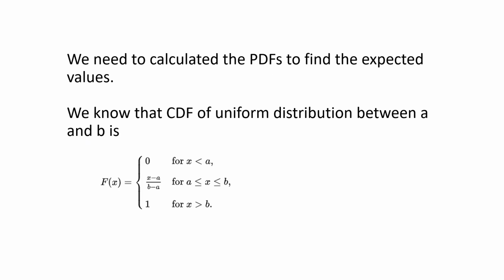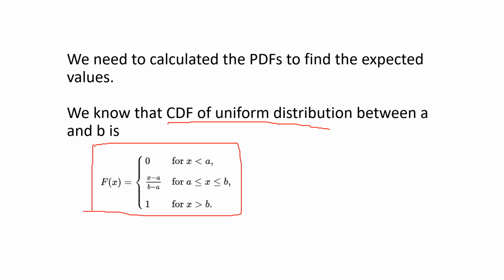A common approach to find the PDF is to first find the CDF of the distribution and differentiate it to find the PDF. We know that the CDF of a uniform distribution between 0 and 1 is given by this: F(x) equal to (x minus a) over (b minus a), where x is between a and b. In our question, a and b are 0 and 1 respectively.